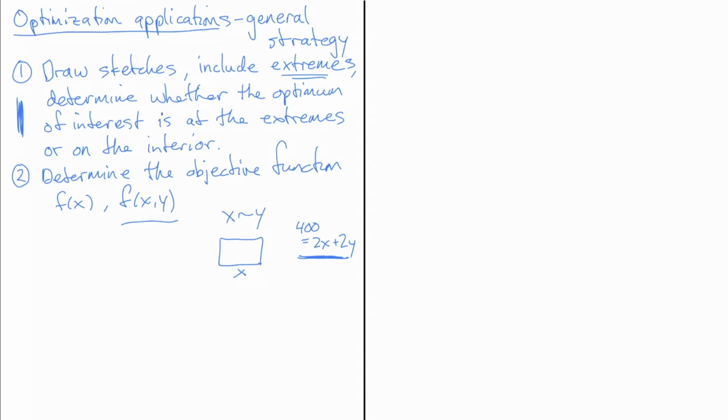But that's not the norm in a first term calculus course. So I would just assume that you generally would have a constraint relating x and y, if there is an x and y in your objective in the first place. Okay, so next thing would be to identify that constraint.